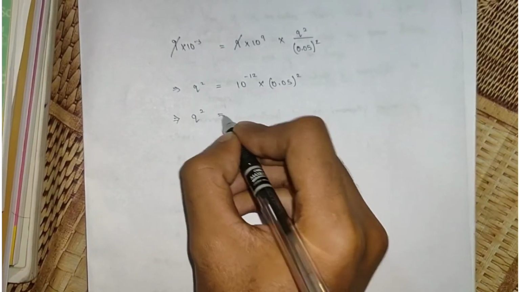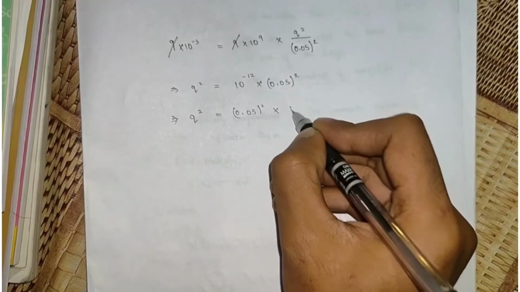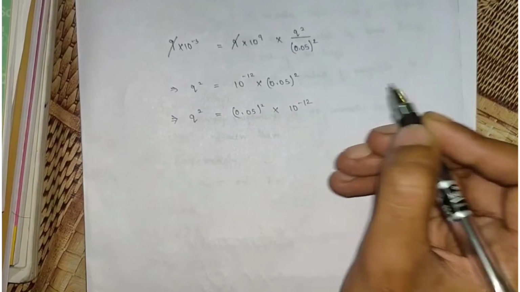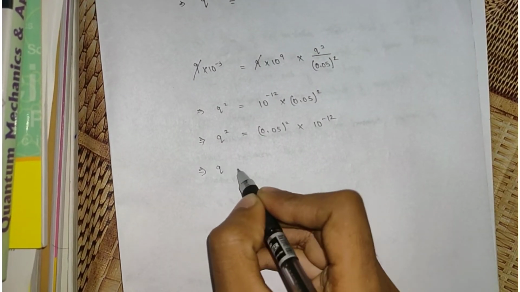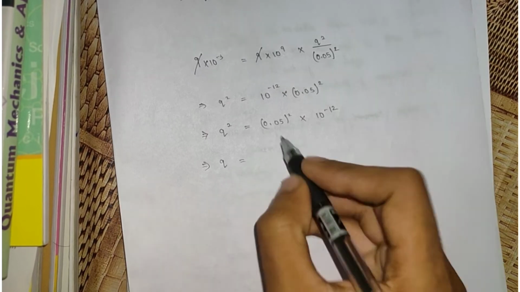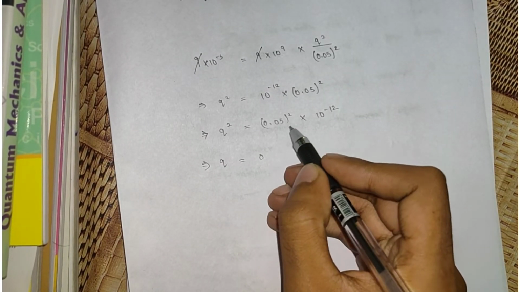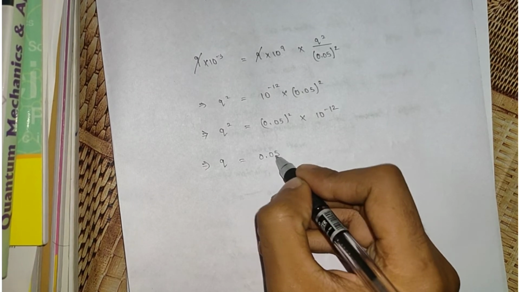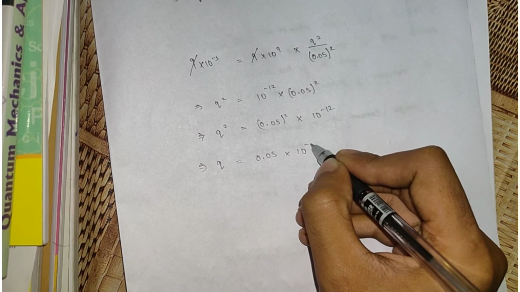So q squared equals 0.05 squared into 10 to the power minus 12. Removing the square sign, we'll just take the square root. The square root of 0.05 squared will be nothing but 0.05, and 10 to the power minus 12 will be 10 to the power minus 6.